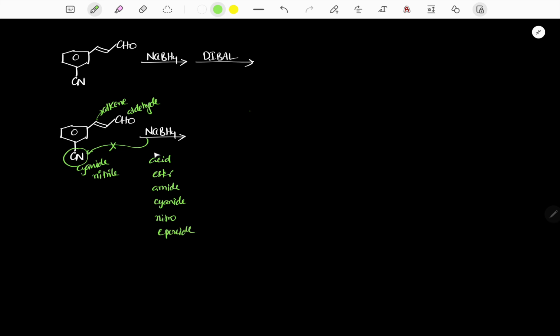So these functional groups cannot be reduced by NaBH4. Therefore here cyanide cannot be reduced, alkene cannot be reduced, only aldehyde will be reduced. Therefore the corresponding product is CH2O minus, after acidification gives CH2OH.